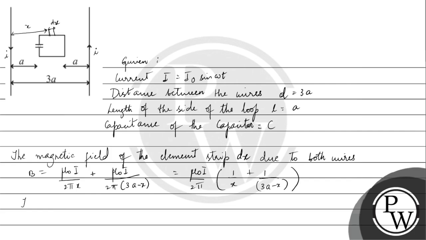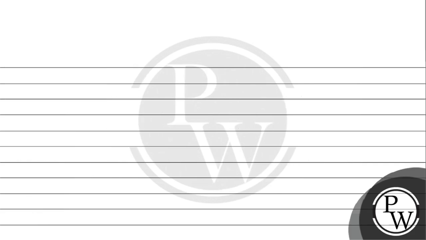So flux is phi. तो अभी क्योंकि हम वो एलिमेंट का फ्लक्स थ्रू द एलिमेंट dx देख रहे हैं, so it will be d phi which is equal to B into ds. So d phi is equal to mu naught I by 2 pi into 1 by x plus 1 by 3a minus x into the length of the side of the loop, a, into dx.